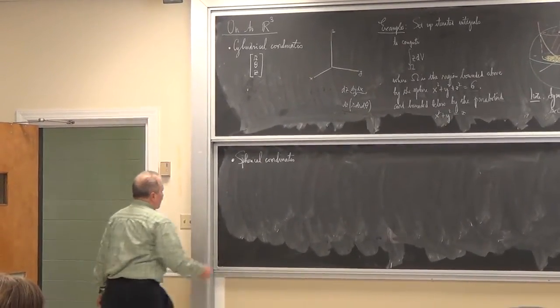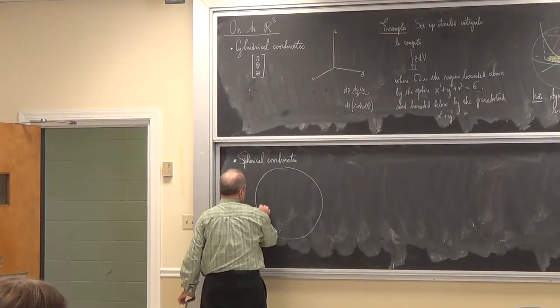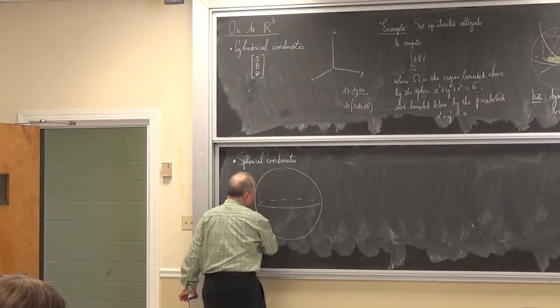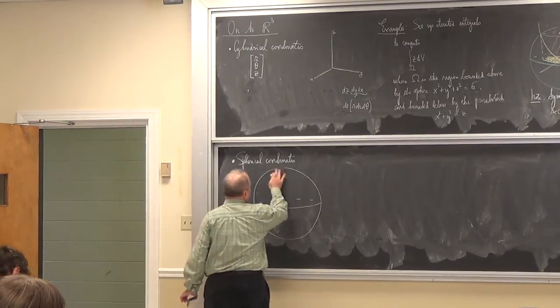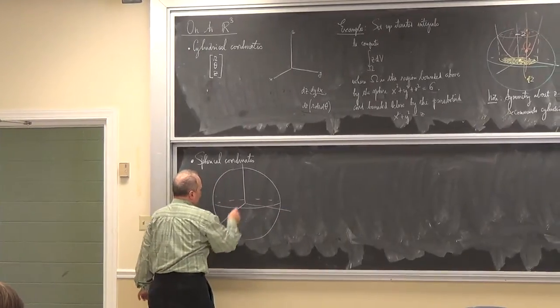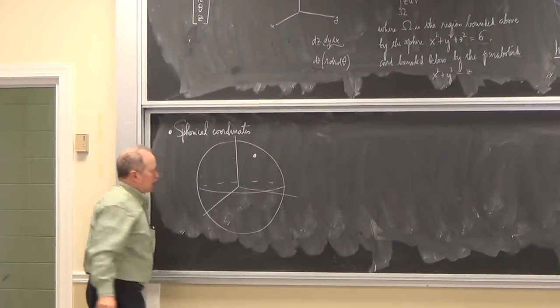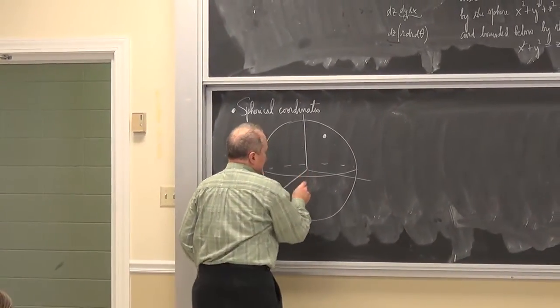However, we're not going to use literally latitude. We're going to use a slightly distorted version of latitude. So, we will take a point on a sphere and talk about what the radius of the sphere is.